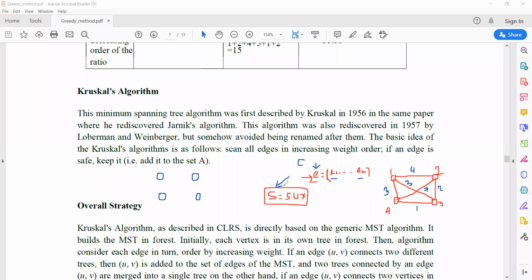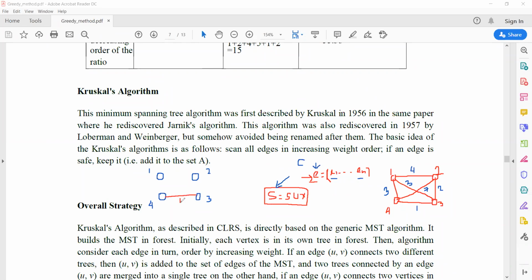So this is 1, this is 2, this is 3. This is how Kruskal's works. You first sort the edges with respect to cost. The first one sorted is the edge 3 to 4, so you connect it.